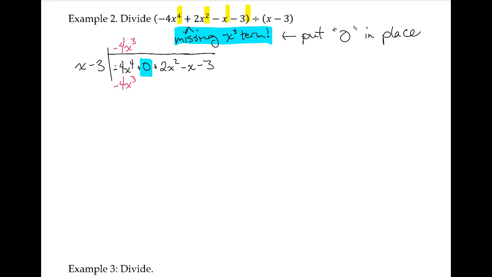And then multiplying it also by negative 3 would get me positive 12x cubed. Remember, all of this is getting subtracted because we want to eliminate this first term, which means I'm really subtracting 12x cubed, leaving me with negative 12x cubed.